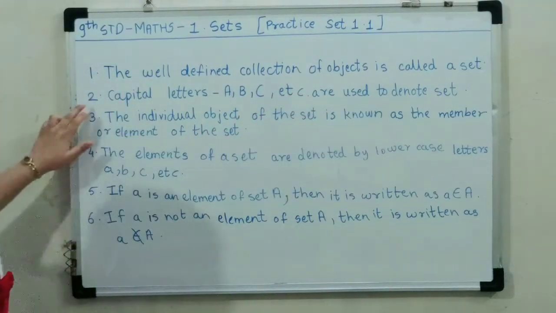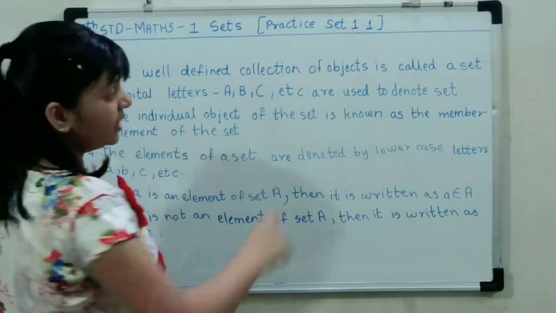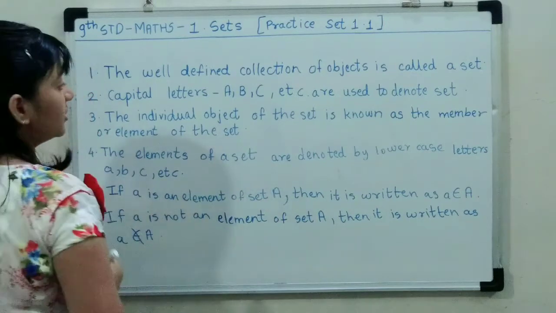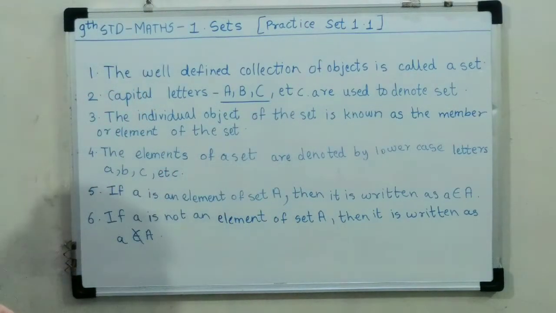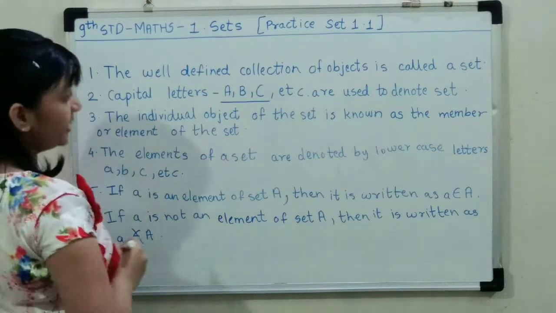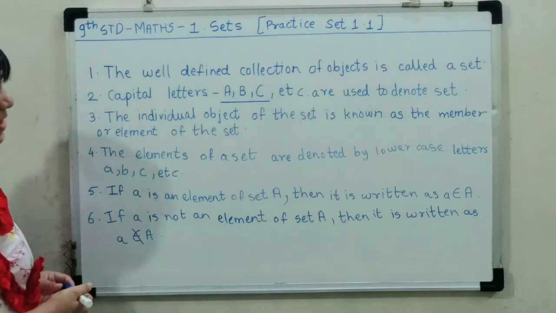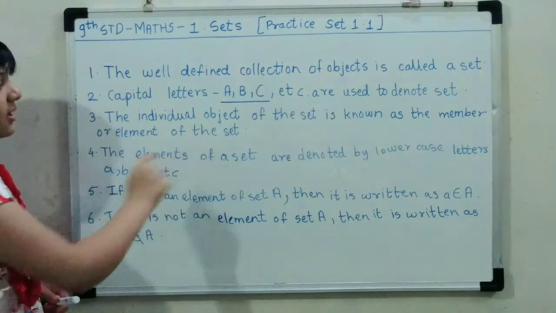Second, capital letters like A, B, C, etc. are used to denote a set. If we have to give a name to a set, capital letters are used, and whatever we want we can name a set. Third point is the individual object of a set is known as a member or element of the set.